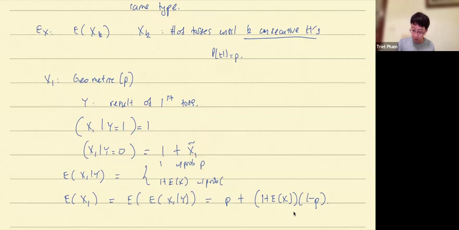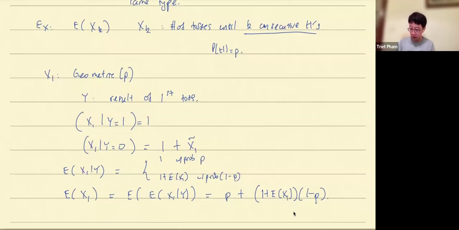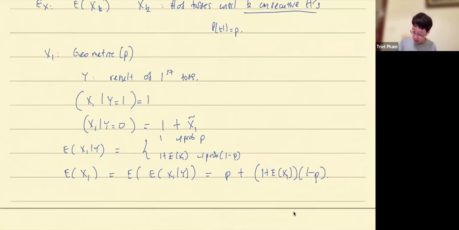That's sort of the inner expectation step. But for an easy problem, people probably just combine them all in one statement. Sorry, I should write x1. And if you bring the x1 to one side and solve for it, you get the expectation of x1 is 1 over p.